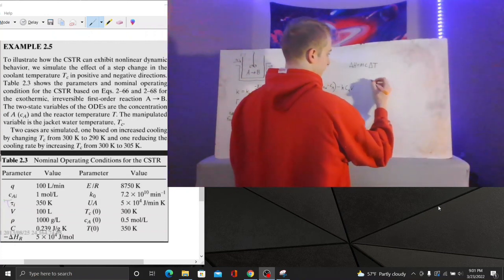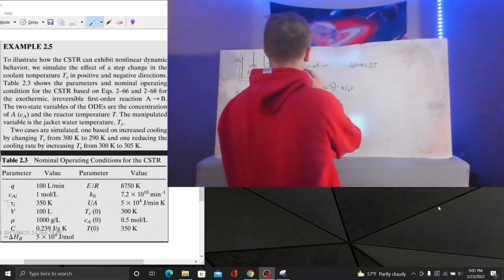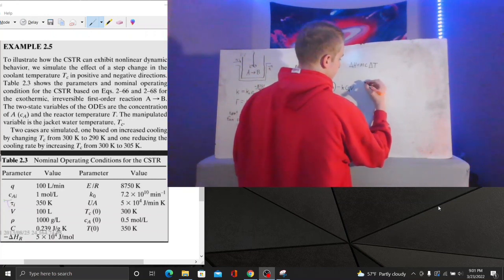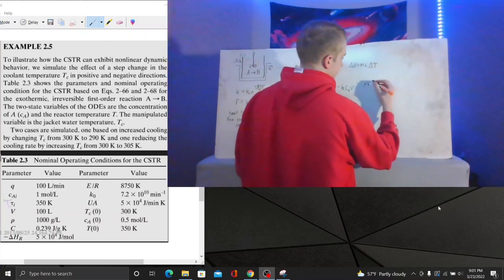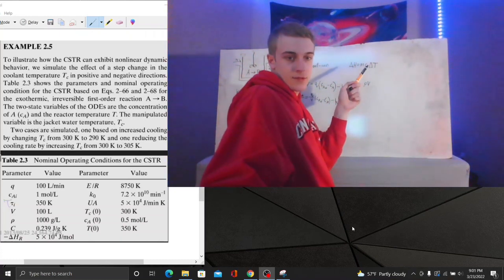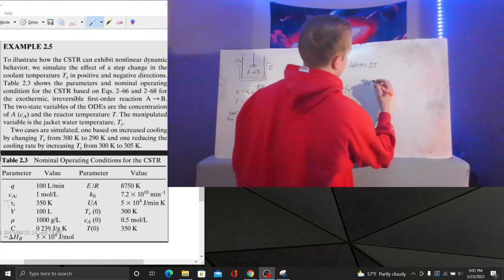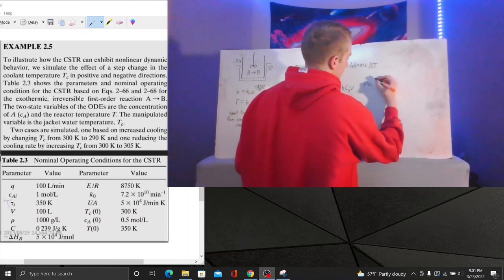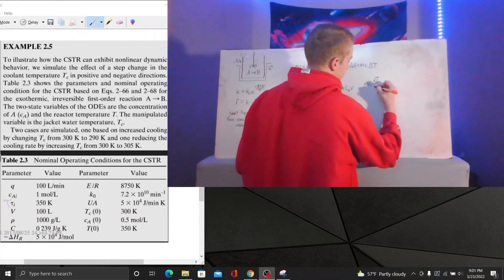So we can start off by getting our H accumulated, which will be the mass, for which we're going to use the density times the volume. And our C is given in the problem right here, so that'll again just be C, and then times the differential of the temperature over time.